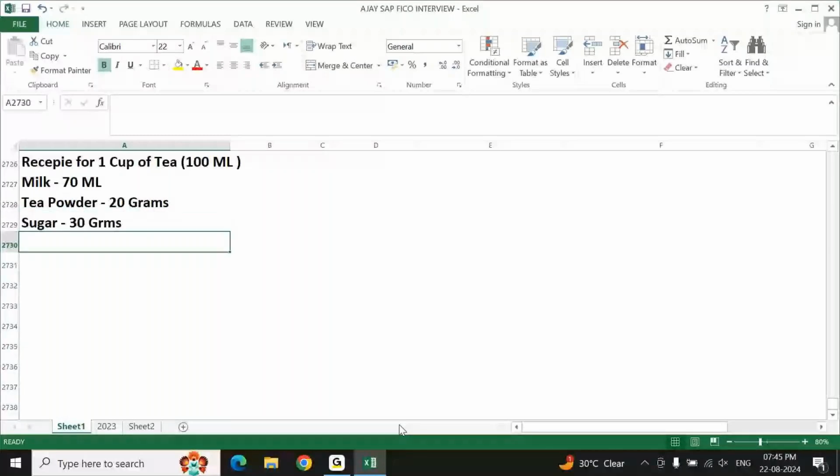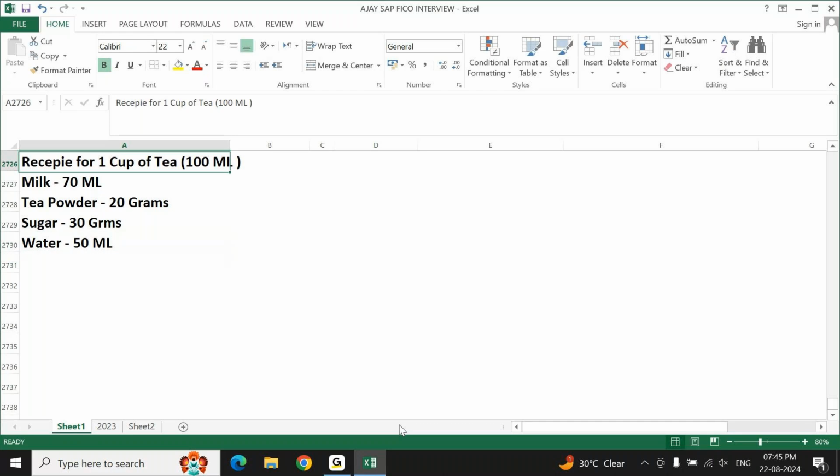What else is required? Water. Let's say I need 50 ml. We're talking about the basic tea. Depending on the variation, if it is ginger tea, you need ginger. If it is XYZ variant tea, that variant you need to add. So currently, let us go ahead with the plain tea.